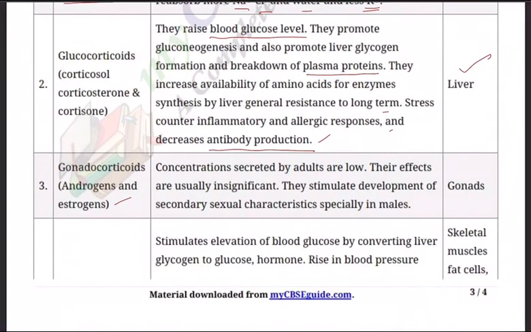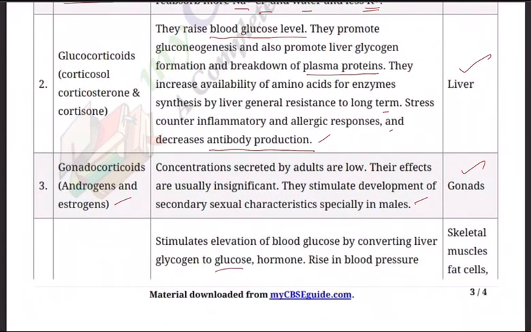Next, gonadocorticoids, androgens and estrogens. Concentrations secreted by adults are low. Their effects are usually insignificant. They stimulate development of secondary sexual characters, especially in males. Of course, the target area is gonads. Gonads, testis in male and ovary in females.